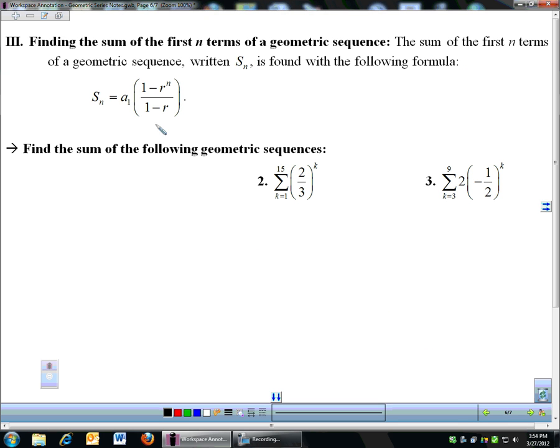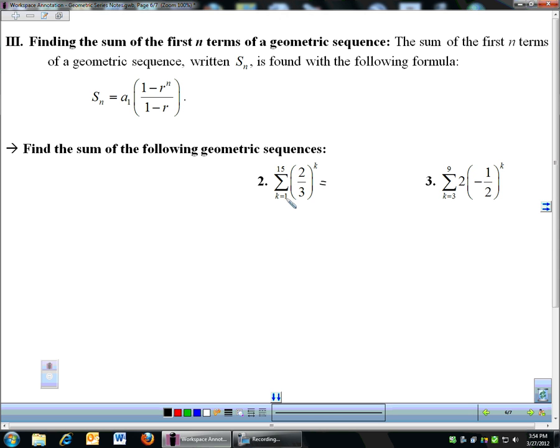Let's see, moving on. Finding the sum of the first so many terms. This is the ugliest formula we're going to use this chapter, in my opinion. You do need the first term, you need the ratio, and you need the number of terms. So I'm going to look at this number 2 here. And to get my terms, I'm simply going to plug in and write out maybe the first 2 terms here.